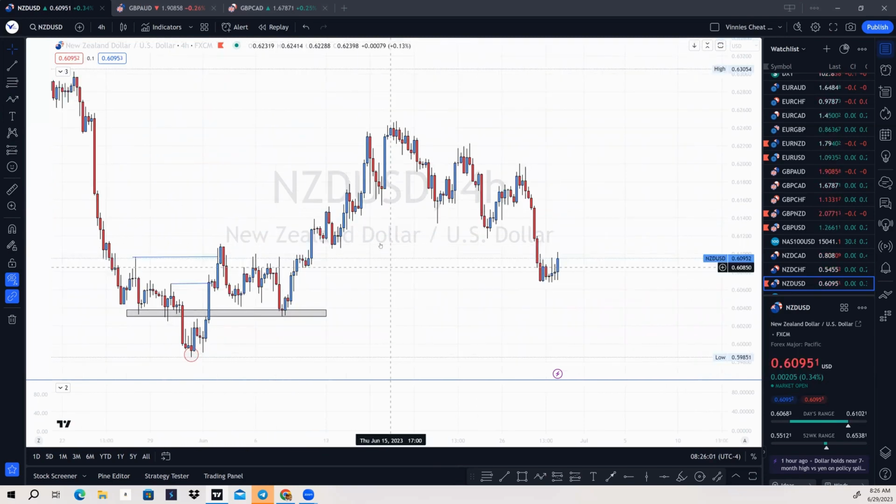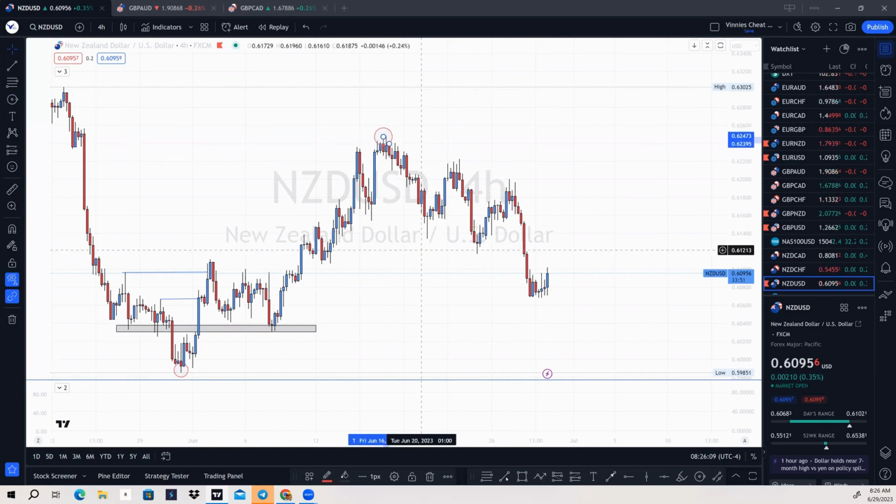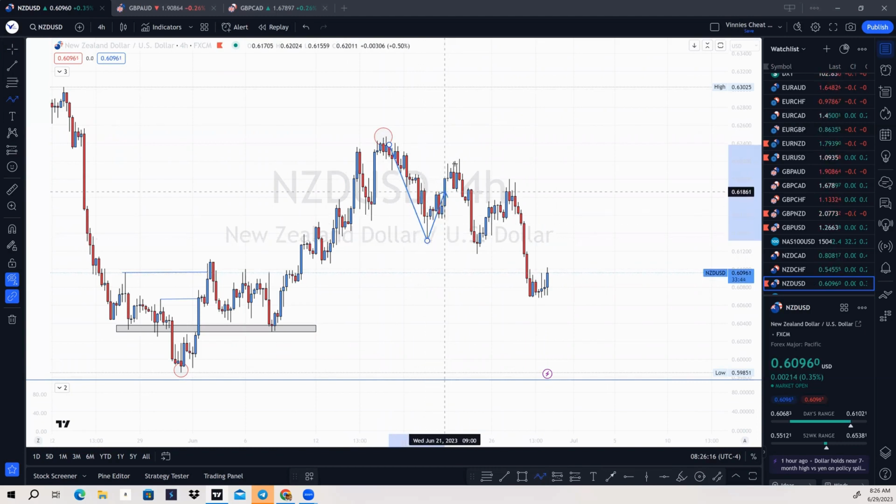So let's go back up here and identify the trend change. We have our highest point, which is here. Next, price came down, created a low, and then we have a lower high. So we have a high, a low, a lower high, and then price created a lower low.